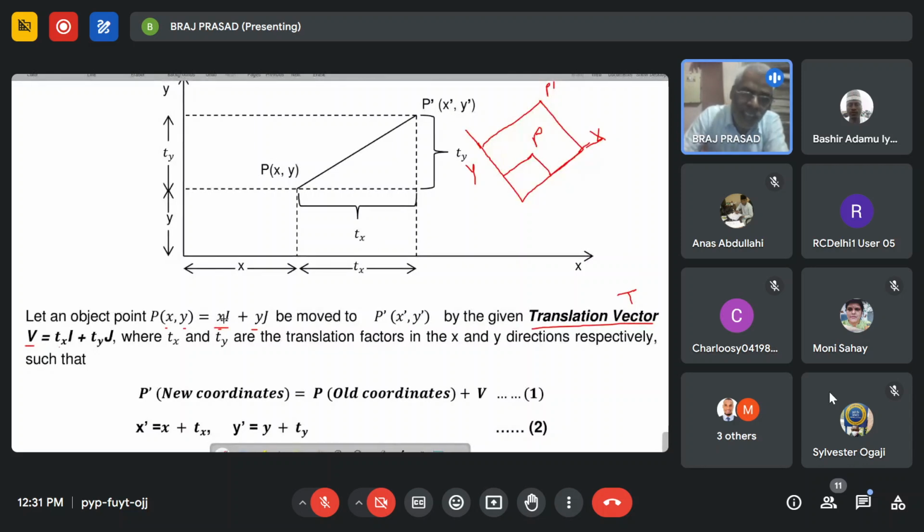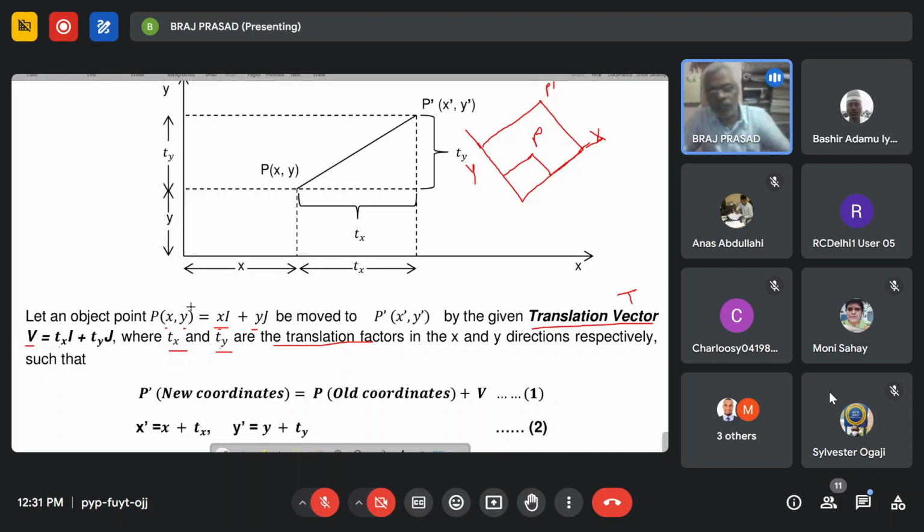Since x is in our i direction, tx will also be in the i direction, and y is in our j direction, so ty will also be in the j direction. So the translation vector or movement distance becomes v equal to txi plus tyj, where tx and ty are the translation factors in the x and y direction respectively.